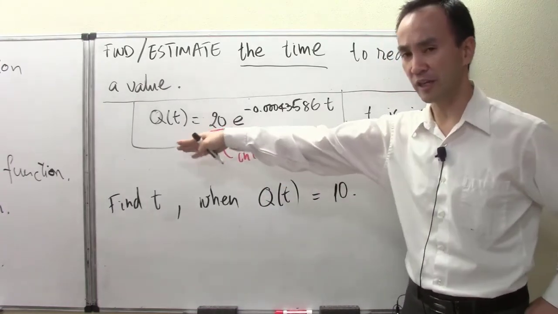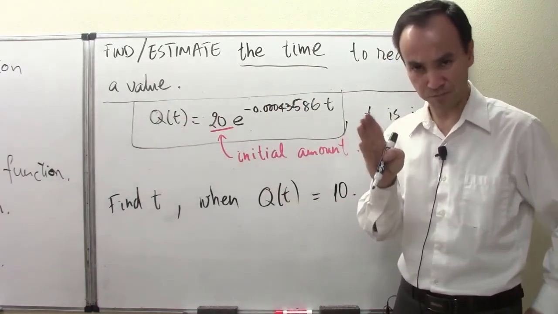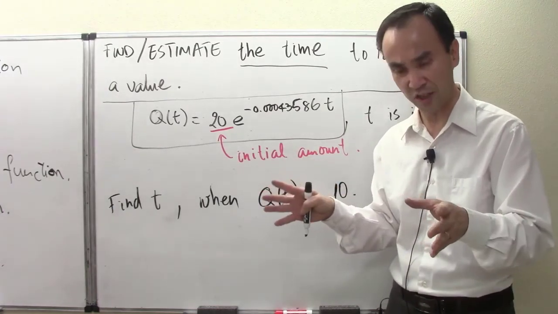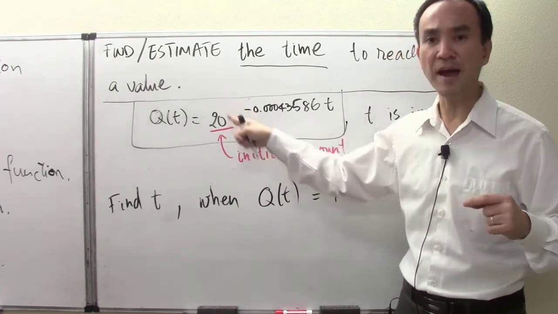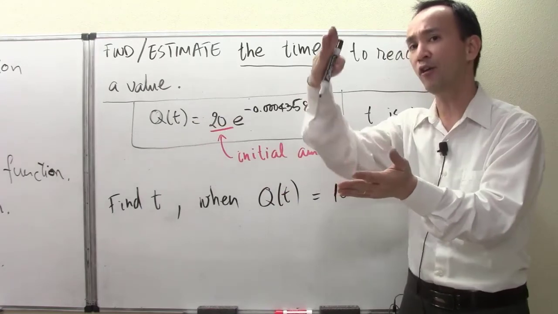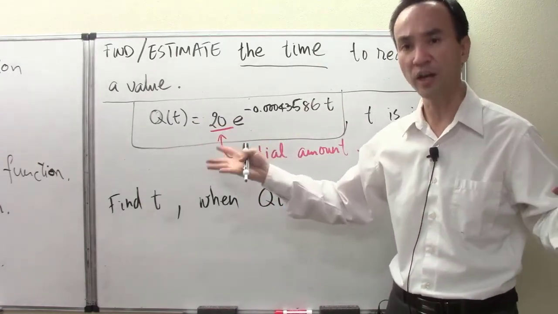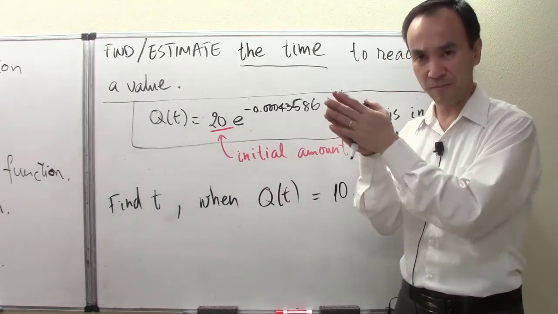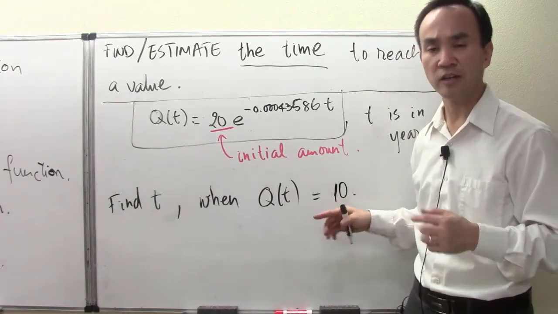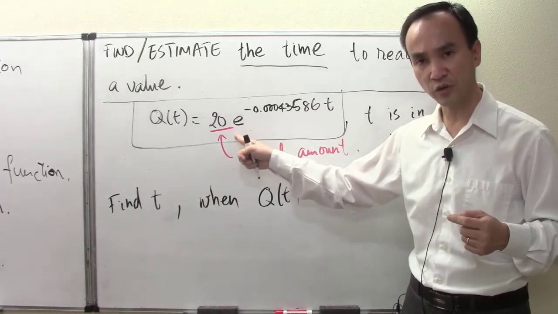In this problem we're learning about radium-226, but some other scientists may study with only 10 milligrams at start: how long does it take to get to only 5? Here we're studying 20 milligrams initially, and how long will it take to reach only 10? Basically, how long will it take to reach only half of whatever is initially present?